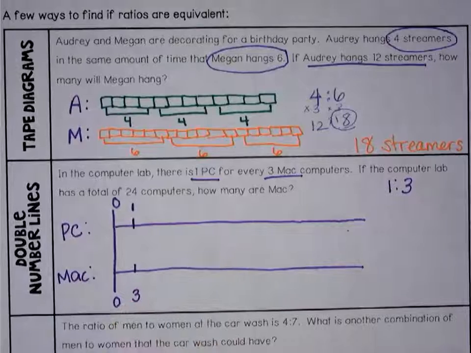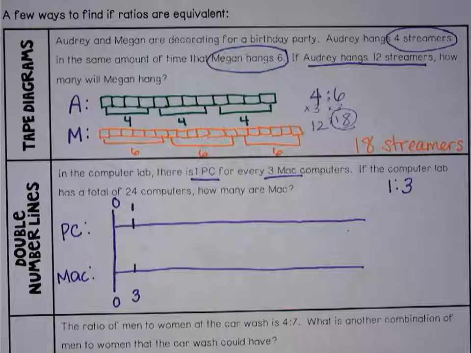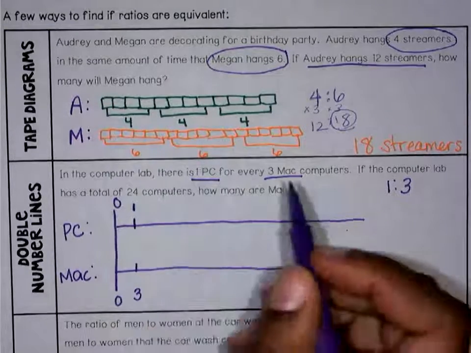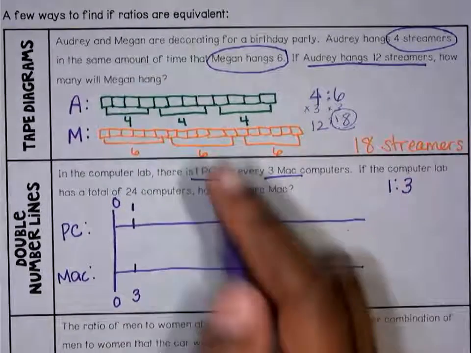Now I'm going to make my tick marks all the way up to 24. Now if you have another PC, I'm going to go ahead and label all of these up.